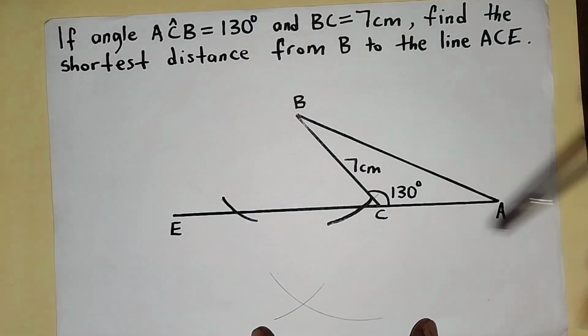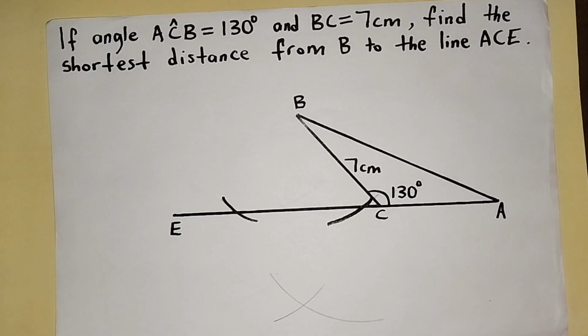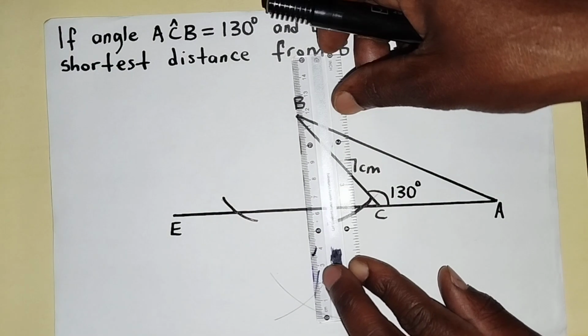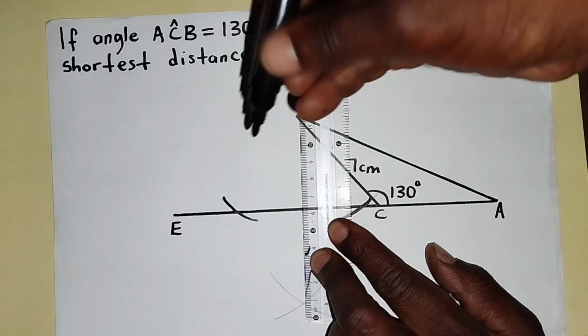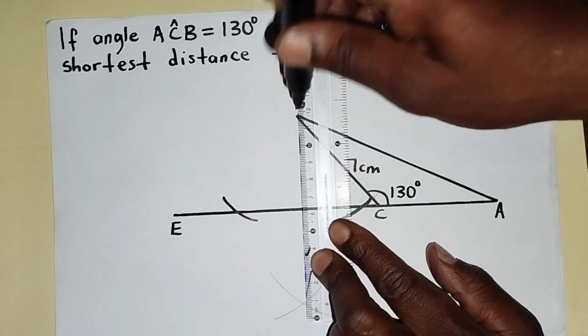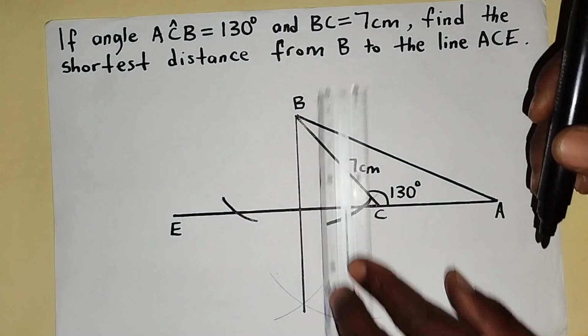I now draw a straight line from the point B which passes through the intersection of the arcs here.